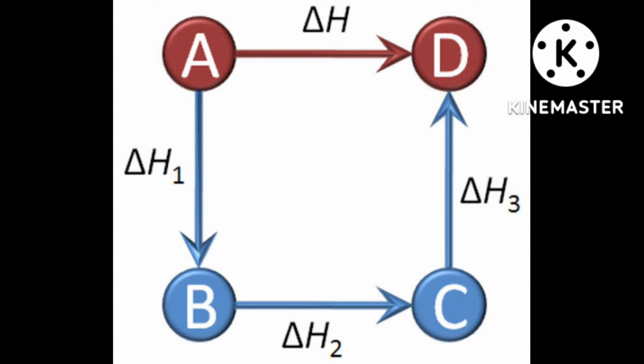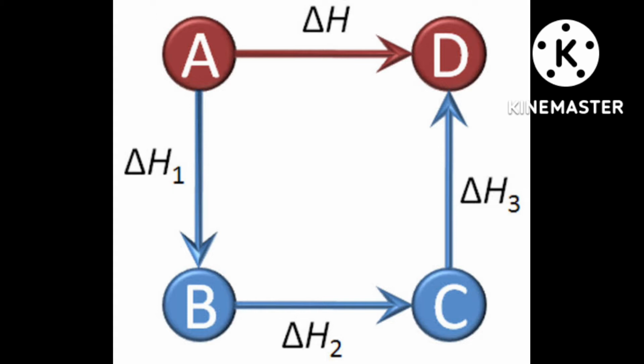If a reaction takes place in several steps, then its standard reaction enthalpy is the sum of the standard enthalpies of the intermediate reactions into which the overall reaction may be divided at the same temperature.